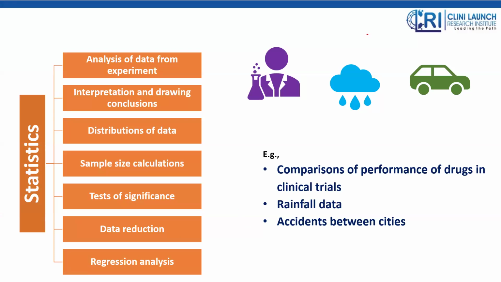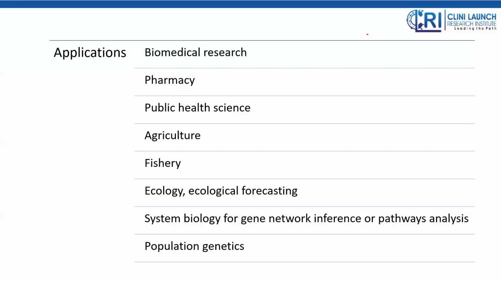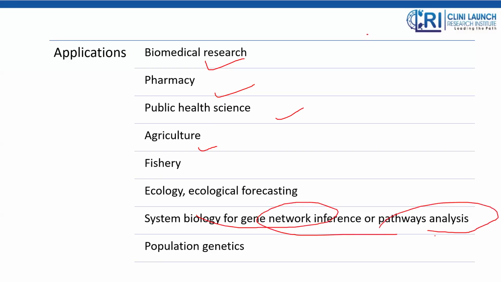Accidents between cities are happening because of overspeeding or because of some other reason. It is through statistics only that you can give a theory. You can't give it just like that. So statistics is important to show or prove any theory. Statistics has a lot of applications in biomedical research, pharmacy, public health science, agriculture, fishery, ecology, and systems biology for gene network inference and pathways analysis.